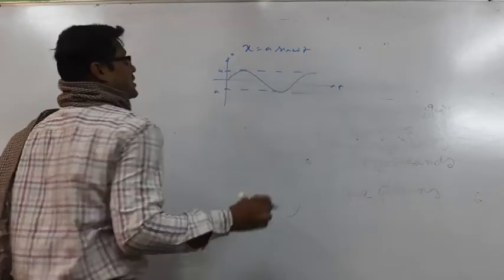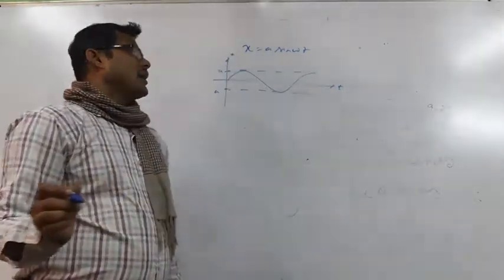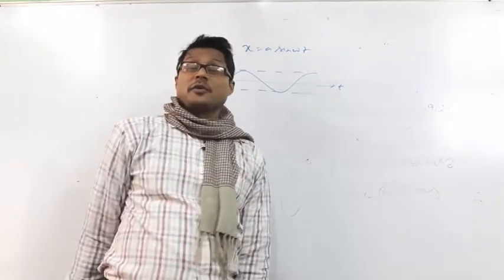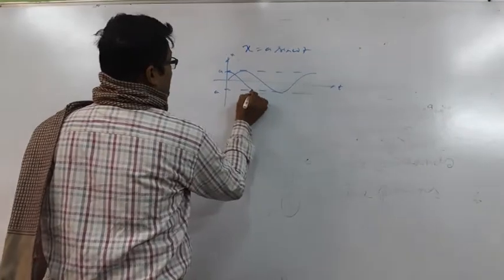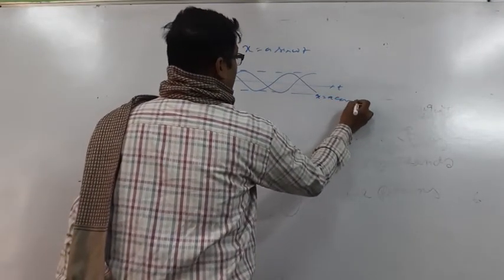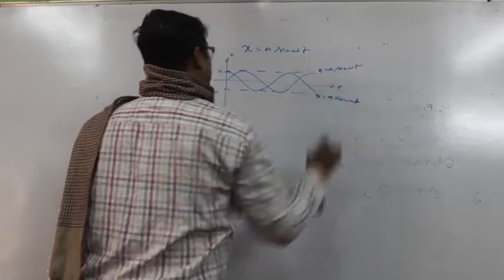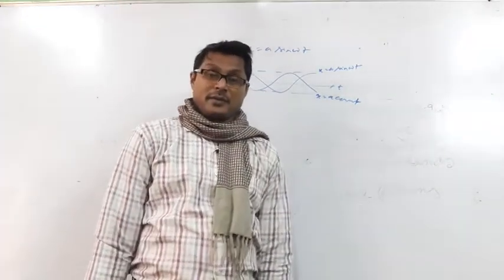This is the sine curve, if the motion started from equilibrium, or time is calculated from equilibrium. But if it is from one end, then you have to take it like this. This is for x equals a cos omega t, and this is for x equals a sin omega t. Okay, so these are the graphical representations.